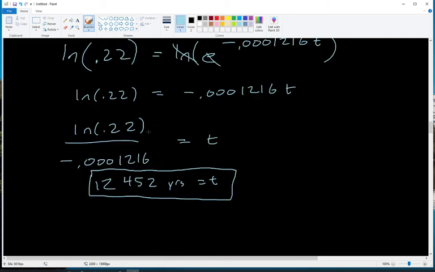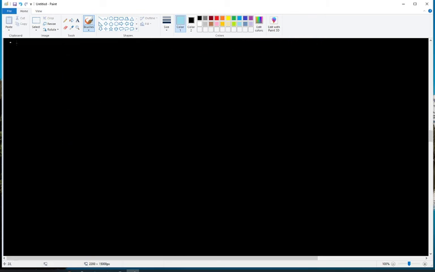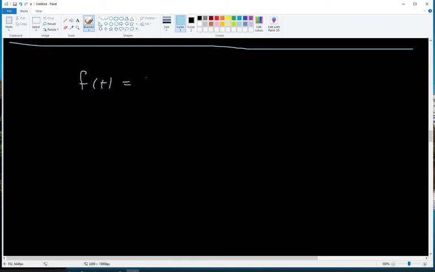Okay, last problem. This will be similar to your last one on your homework. They have this disease spread thing, and they give us an equation. This is a little bit different than the one in your homework, but in this equation, f of t is the number of people susceptible to a disease, which means they're able to catch the disease.